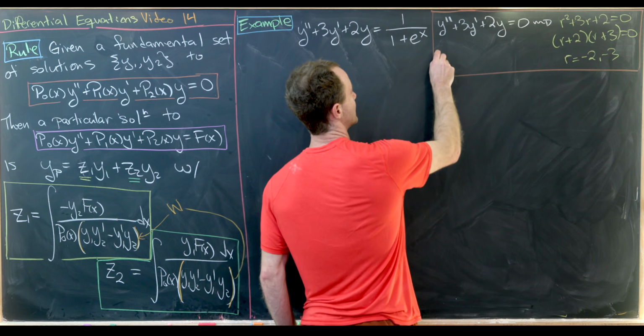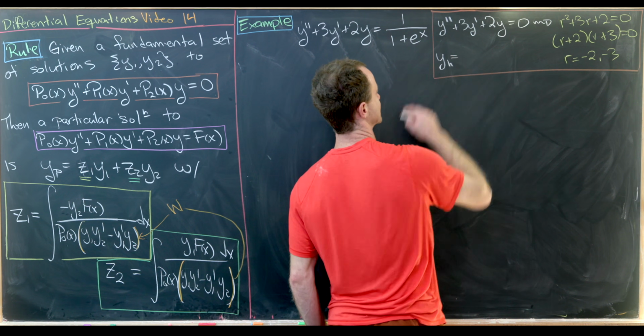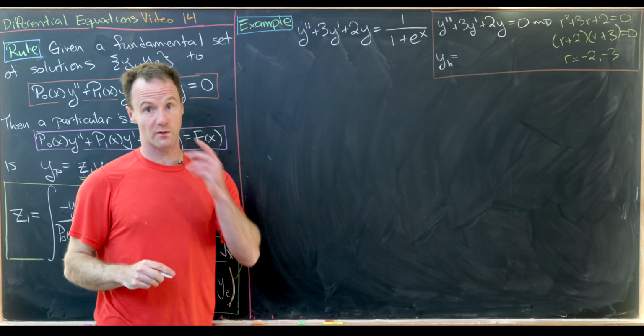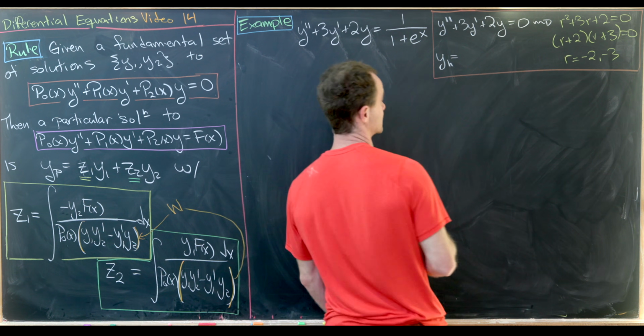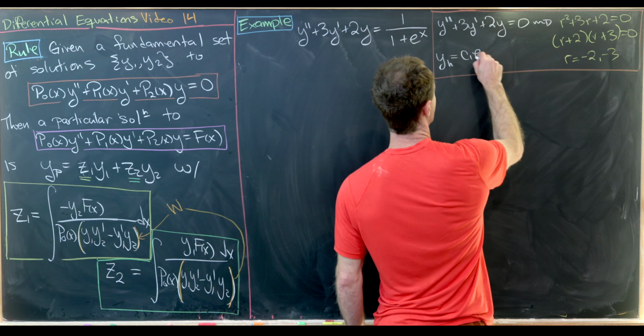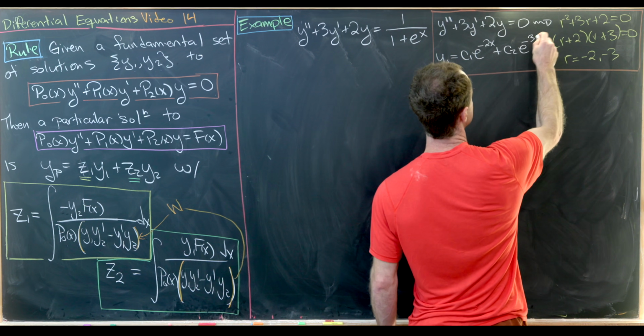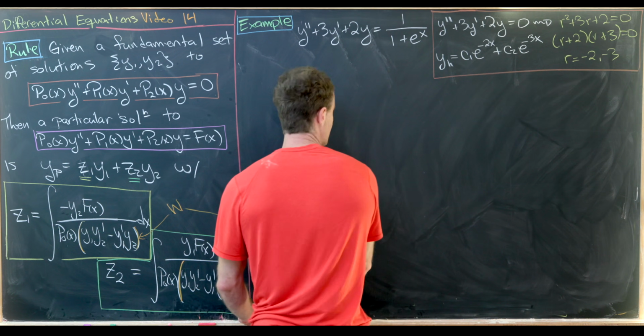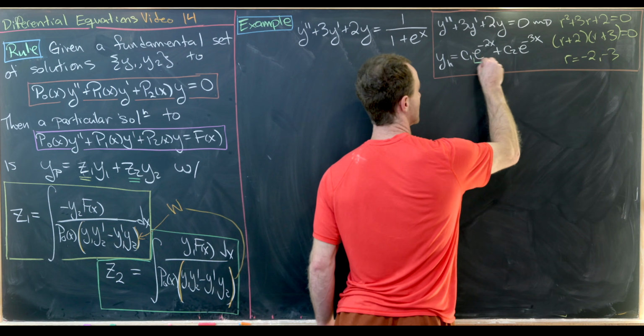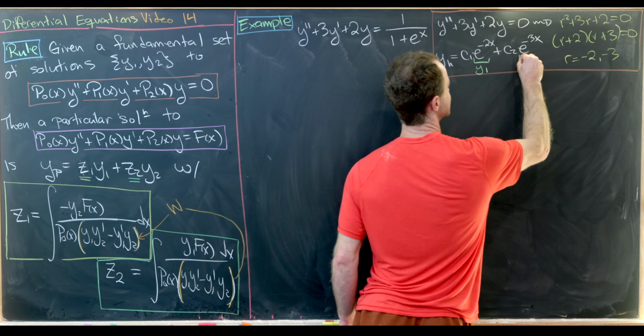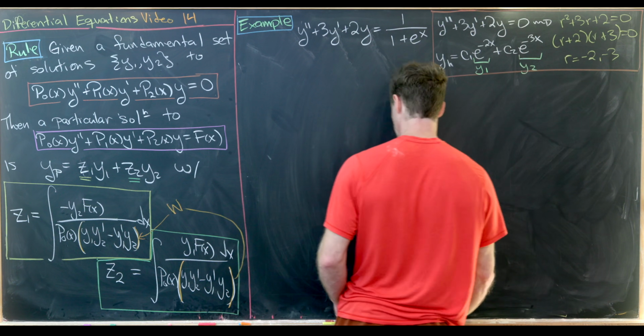So using everything that we know about these types of differential equations, we know the general form of the homogeneous solution is c1 times e to the minus 2x plus c2 times e to the minus x. And we might as well call this first one y1 and this second one y2.